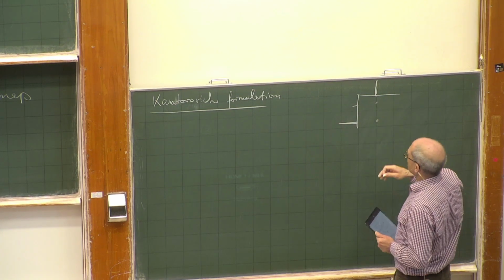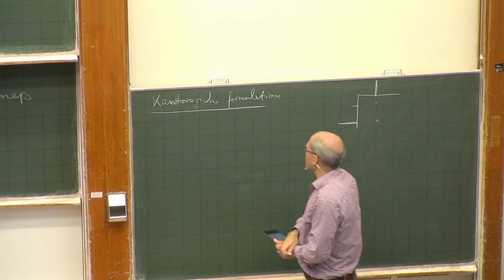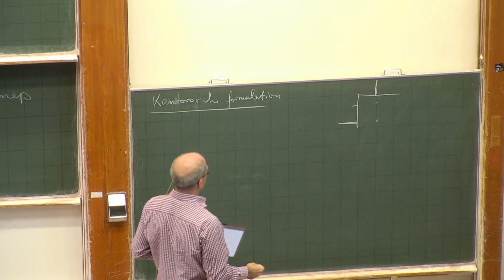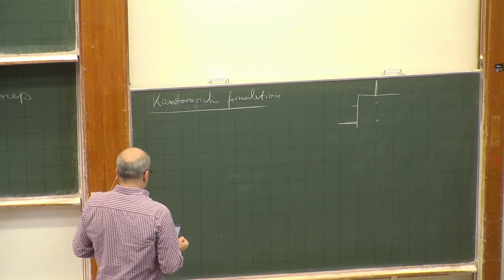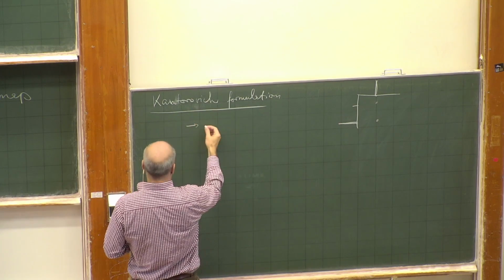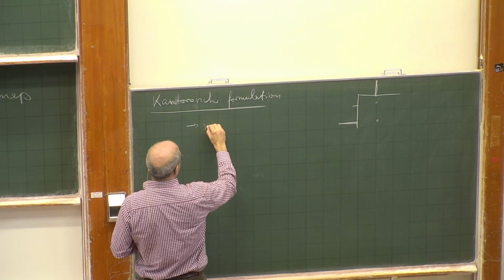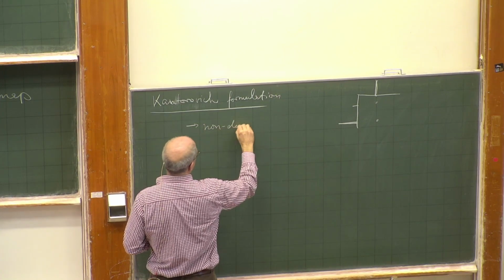And so I no longer have a one-to-one and onto mapping. I don't have a bijection anymore. And in this case, I can still find the best possible non-deterministic transport plan.